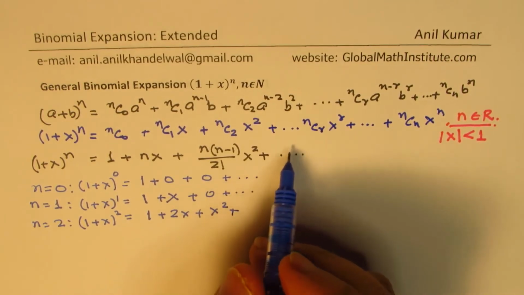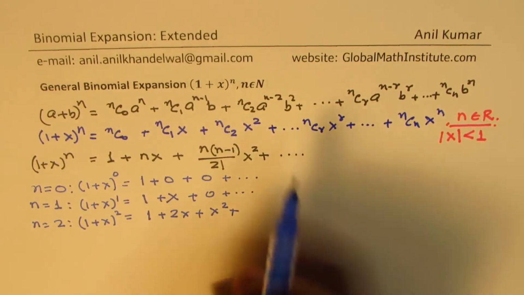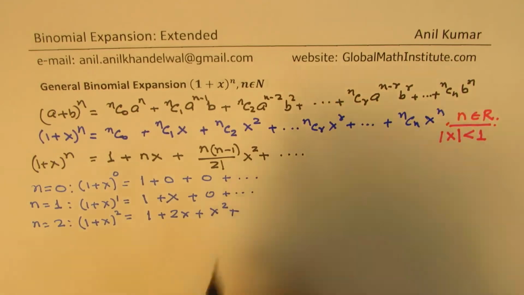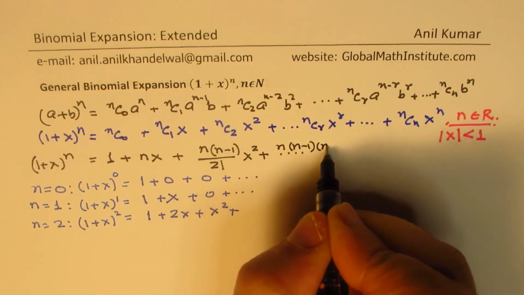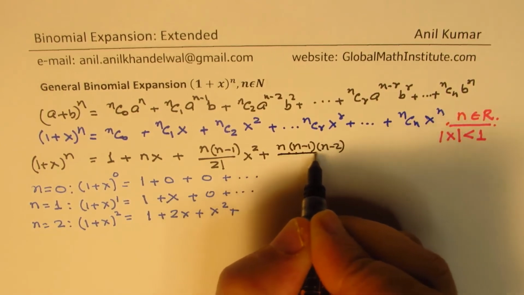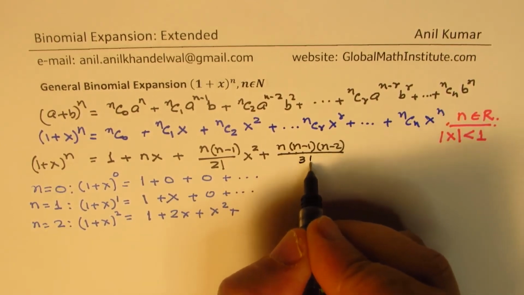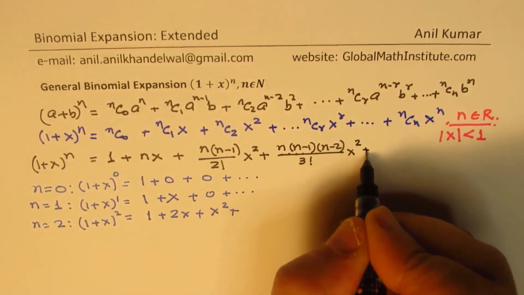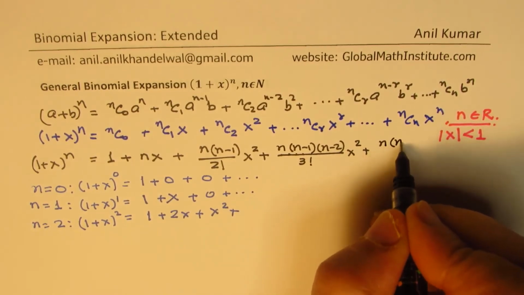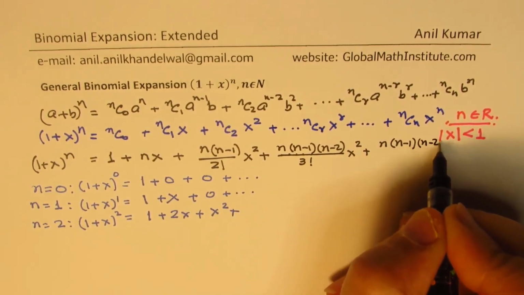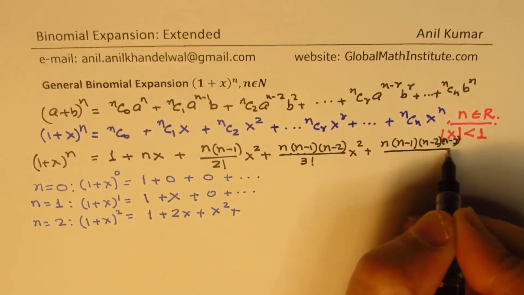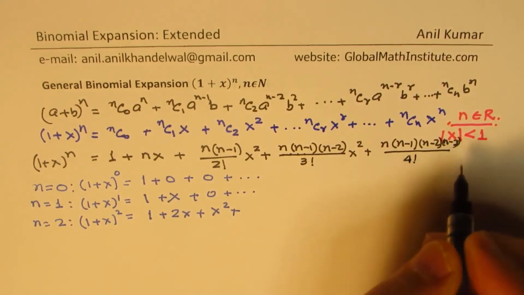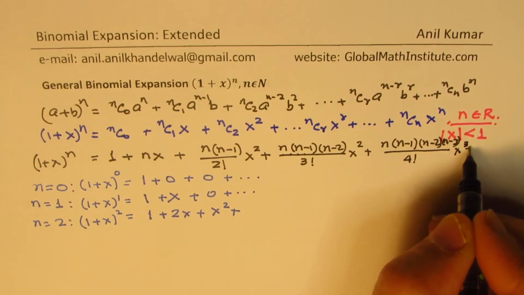Now for the third term, it will have n minus 2, right? So the third term will be n times (n minus 1) times (n minus 2) over 3 factorial times x cubed. Let me write down the fourth term also: n times (n minus 1) times (n minus 2) times (n minus 3) over 4 factorial x^4, plus so on.